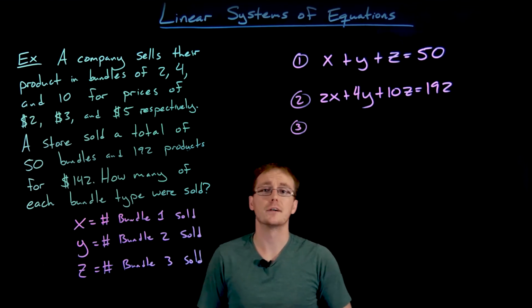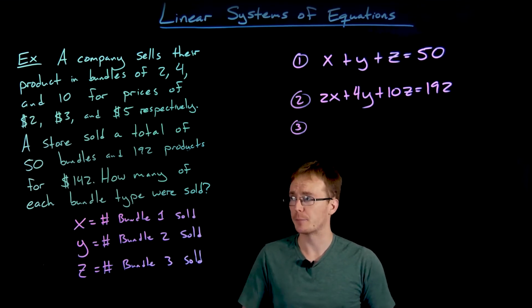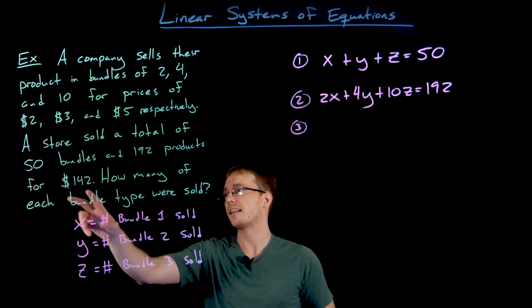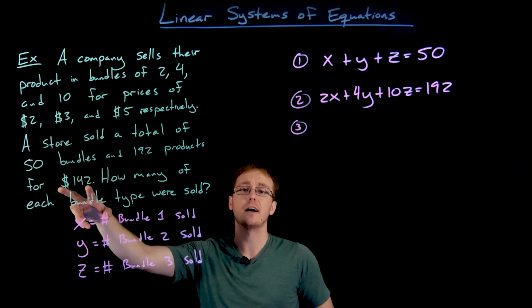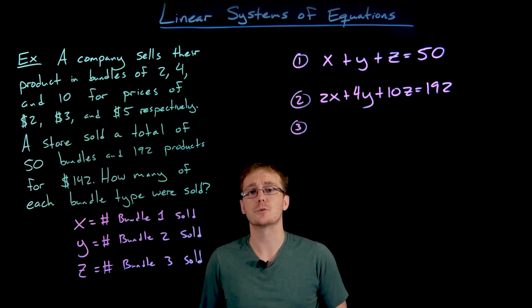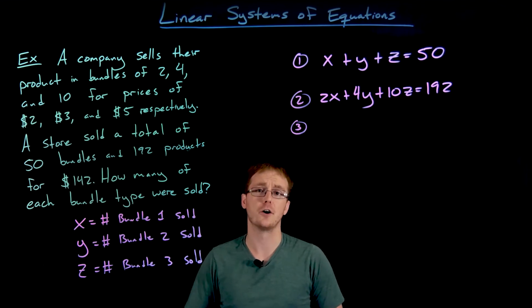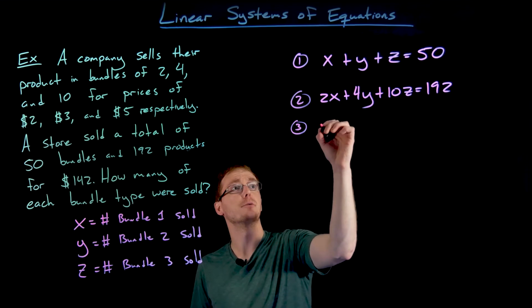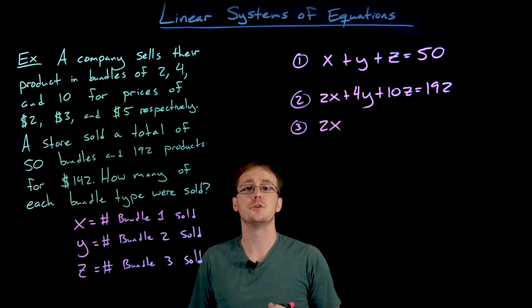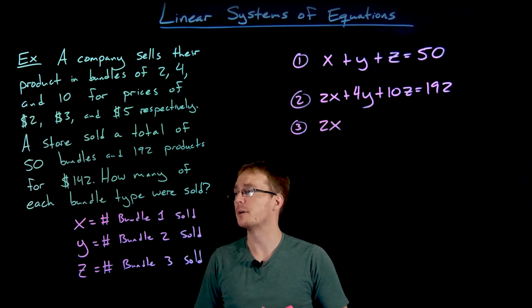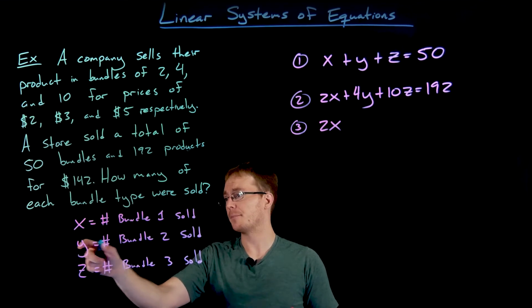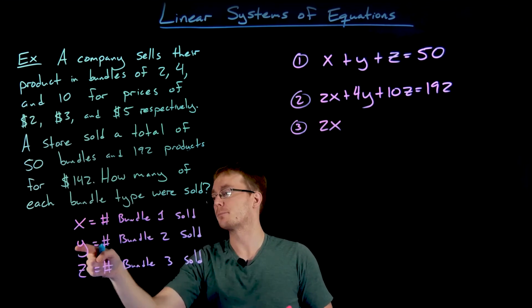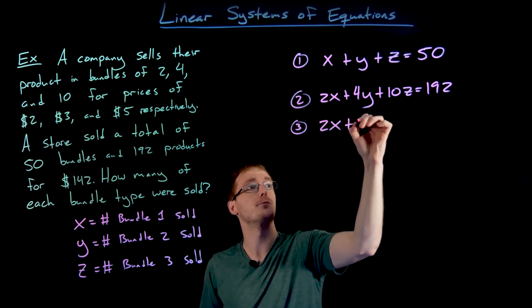Right, so we need one more equation to finish setting our system up, then we can go ahead and start solving it. And that last equation is going to have to take into account that all this merchandise was sold for $142. Well, we know the first bundle type costs $2 per bundle, so that'll be another 2X for the first term of our third equation. The second bundle type is going to be at $3 per bundle, and there are Y of those bundles.